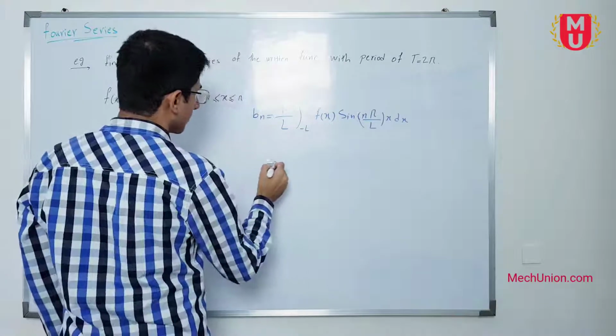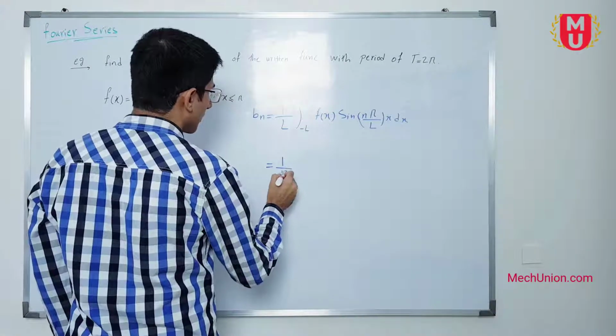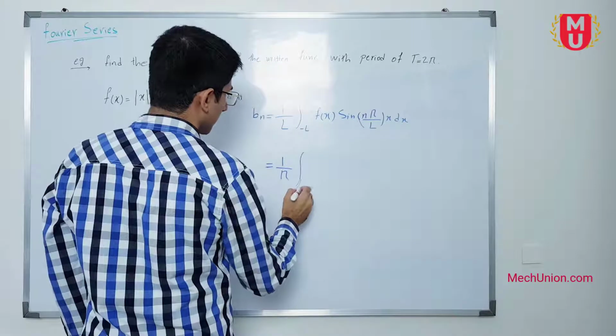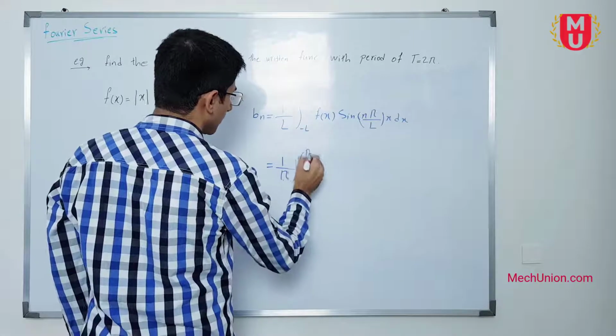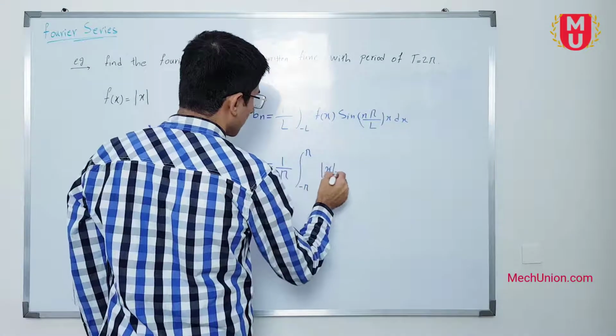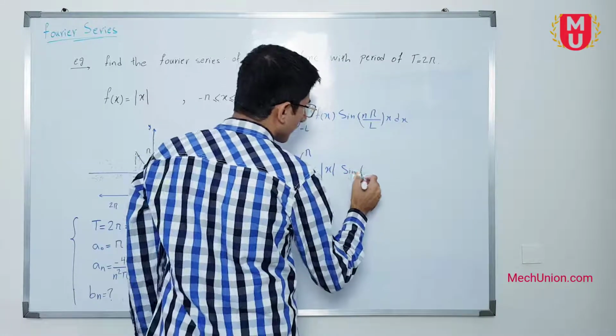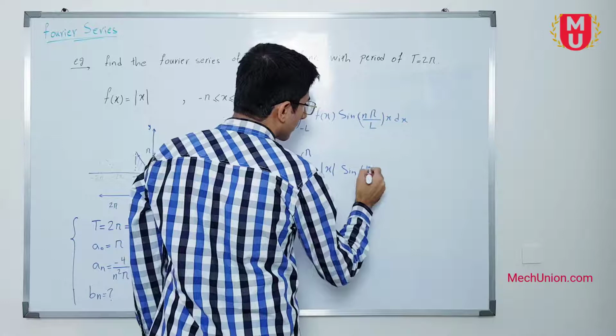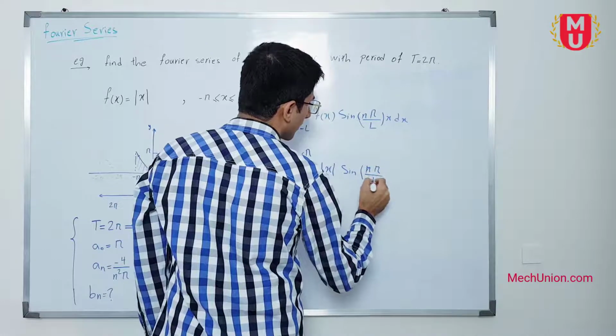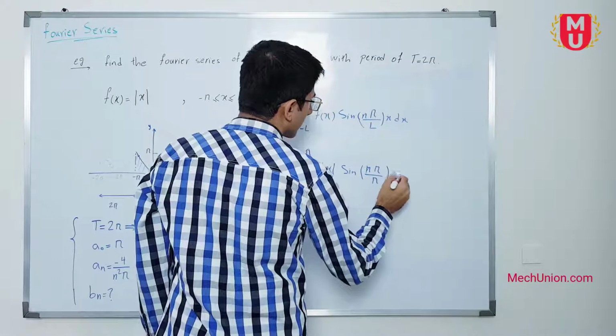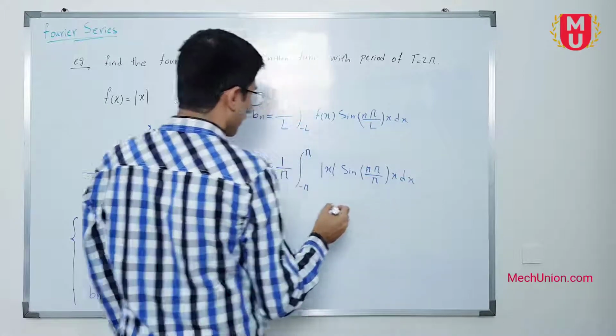If we substitute, we will have 1 over pi integration from minus pi to pi of absolute of x sine of n pi over pi x dx.